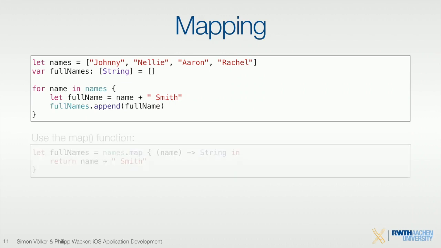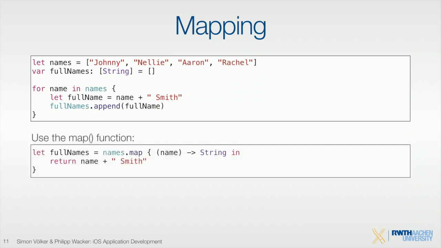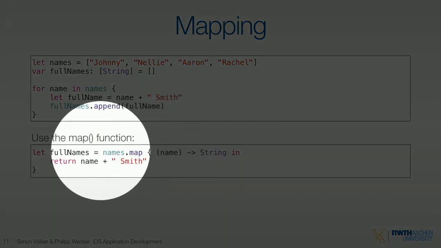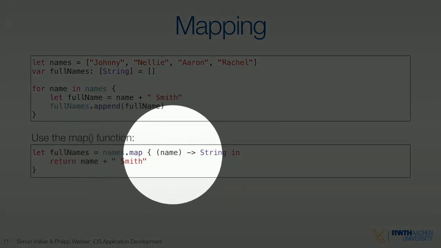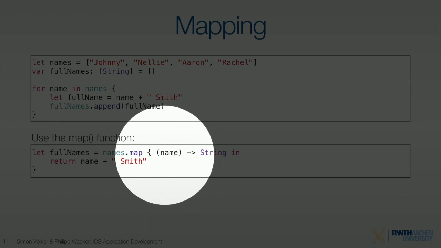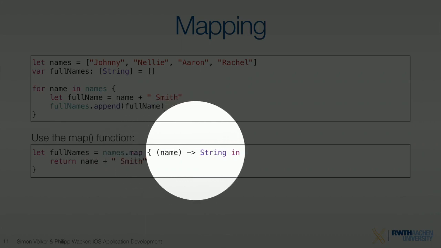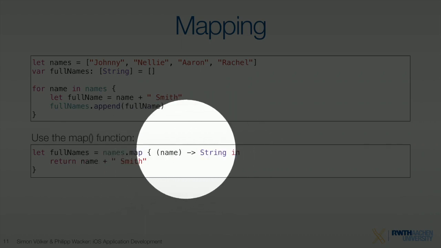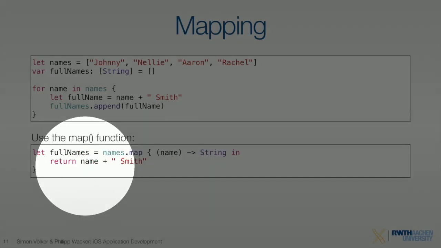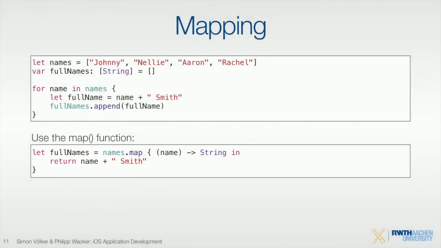But I can also use the map function of an array. The map function takes a closure that has just the one parameter name and returns a string in this case, and I just return that name plus the Smith last name. And that is the same as what the function in the beginning does.